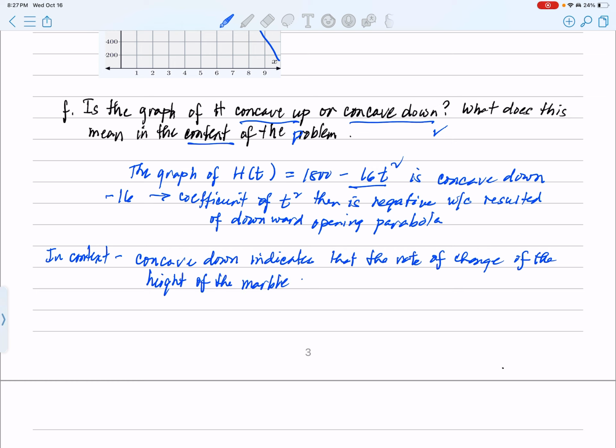Because as the marble moves down, as the marble falls, this is the rate of change, as it falls faster and faster, very fast, as time goes.